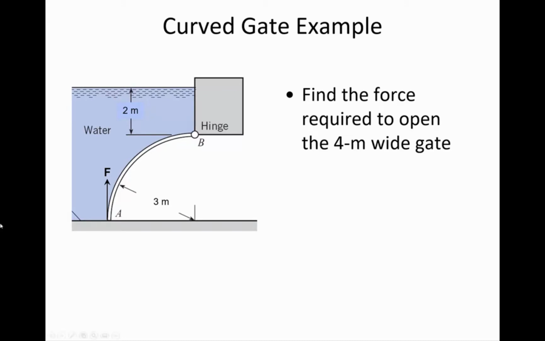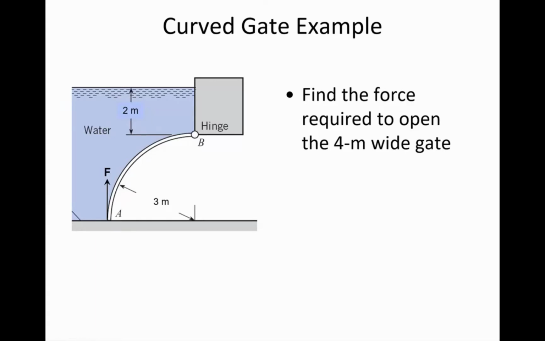And so that's keeping the gate closed, the horizontal component. And so if we're going to open up the gate by pulling on A and pulling up vertically, we're going to have some magnitude F that's acting at a moment distance of 3 meters from the hinge, because it's 3 meters out from B to where the force is located.